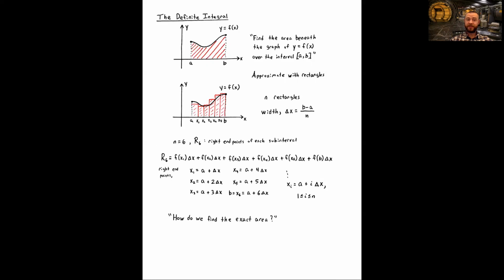So x1 is a plus delta x. Now to go from x1 to x2, the next subinterval, we add another width of delta x. So x sub 2, the second right endpoint, would be a plus 2 delta x, and so on and so on. Recall, we split up the interval into subintervals of equal width.